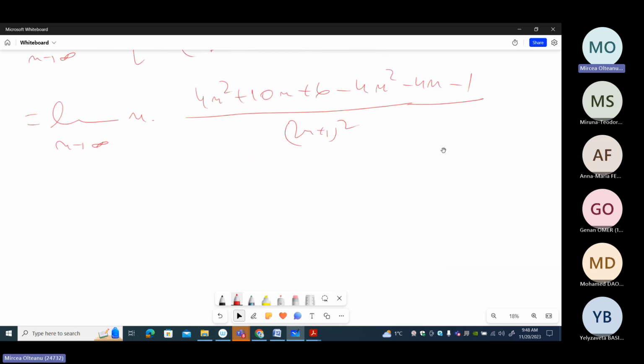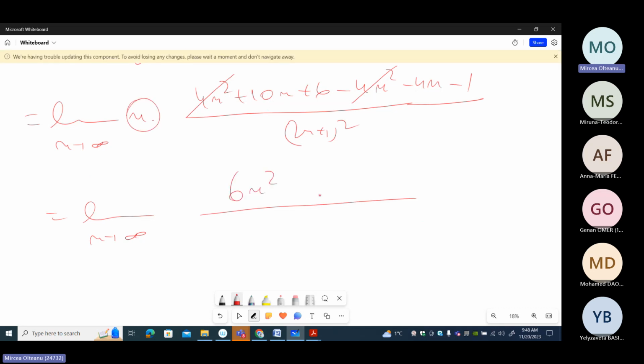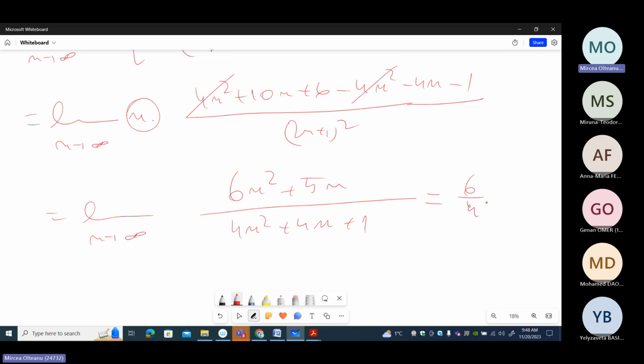Now, 4n squared with 4n squared vanish. So it gives us the limit when n tends to infinity of 6n squared plus 5n, and below we have 4n squared plus 4n plus 1. This limit is 6 over 4, which means 3 over 2, which is greater than 1. So our series will be convergent.